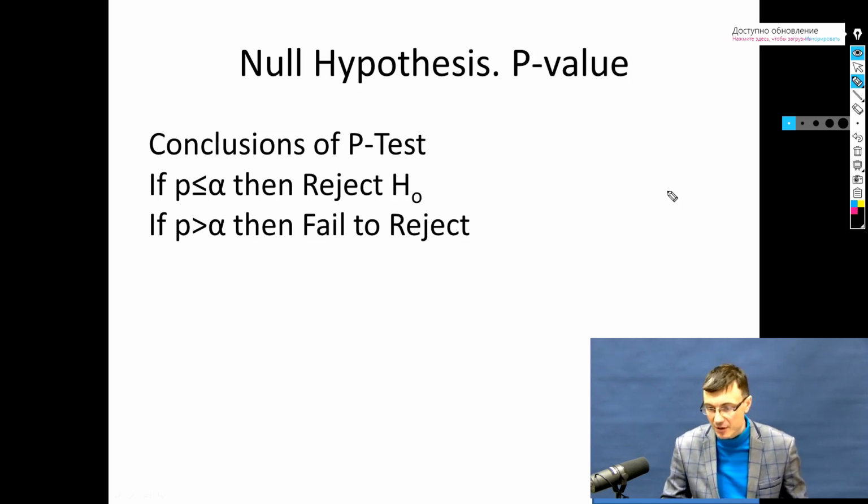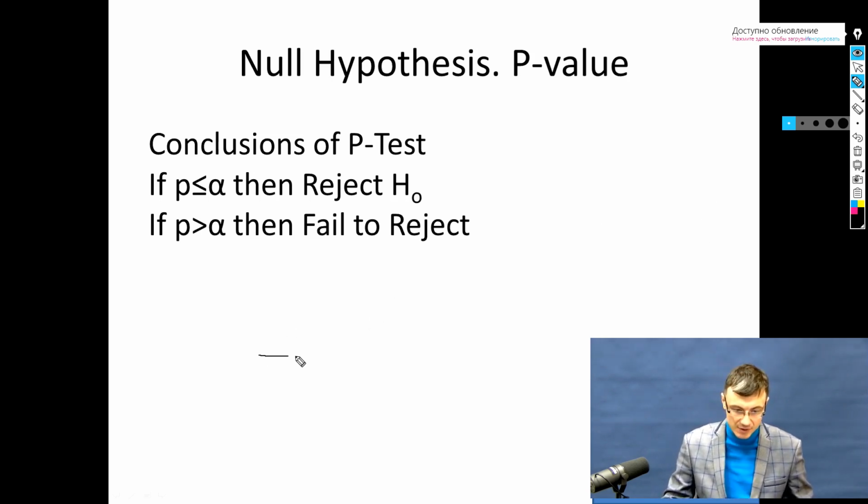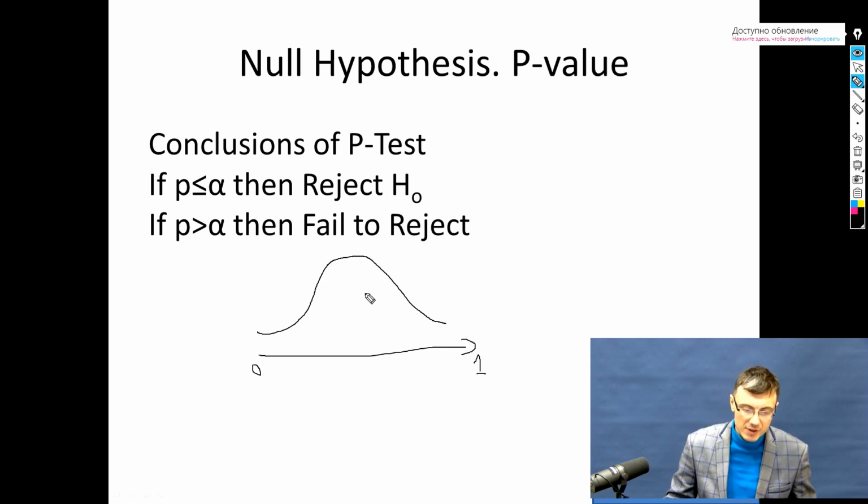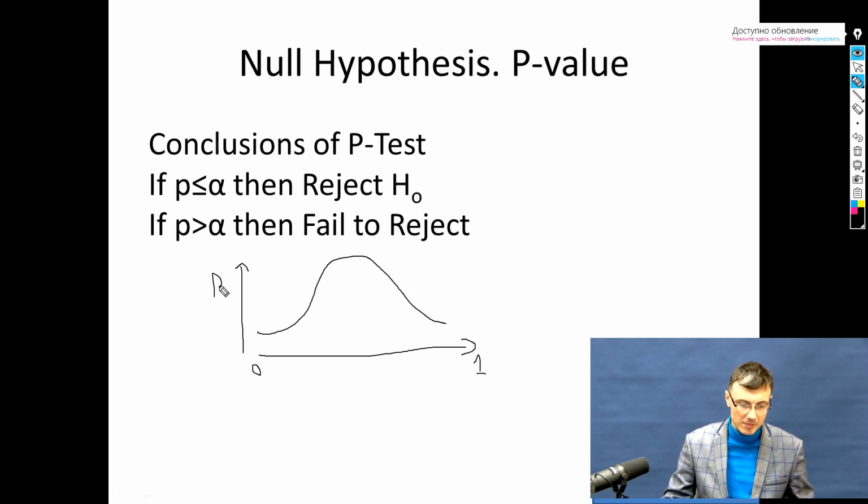So if we get to the Gauss curve, as it was on the previous lecture, and I tried to explain it, this is the probability line from 0 to 1, and then our curve. You see, in this axis we have probability p, and then we have some value of statistic z or z criteria.